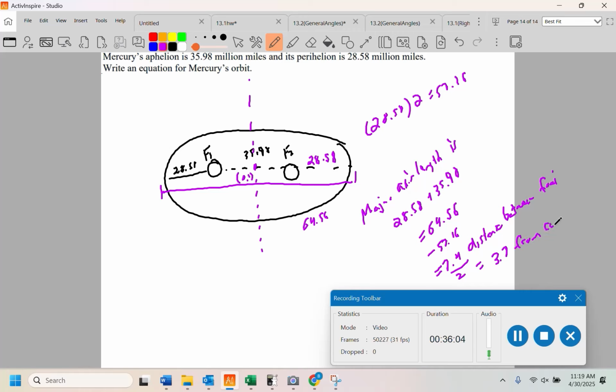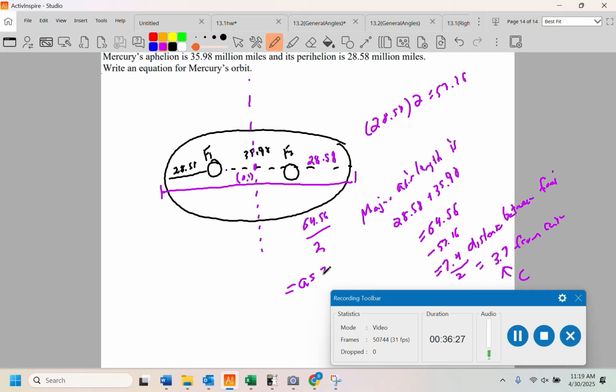So I'm doing all this stuff to get some stuff. And by the way, this distance from the center is c. That is c, all right? Now, if I take the major axis of 64.56 and divide it by 2, I get its radius. So I get that a is going to be 32.28.